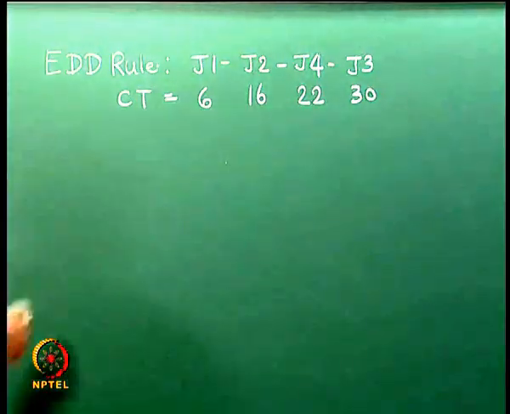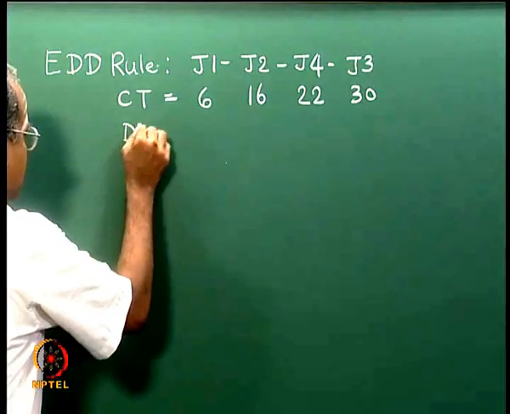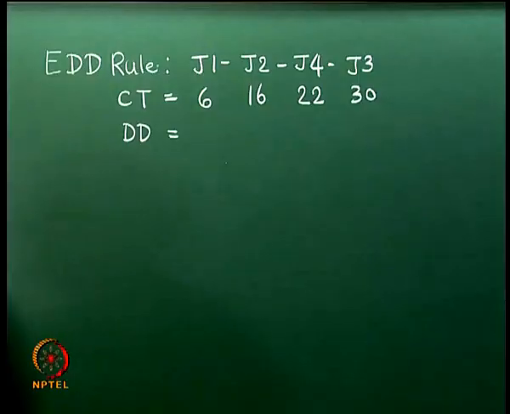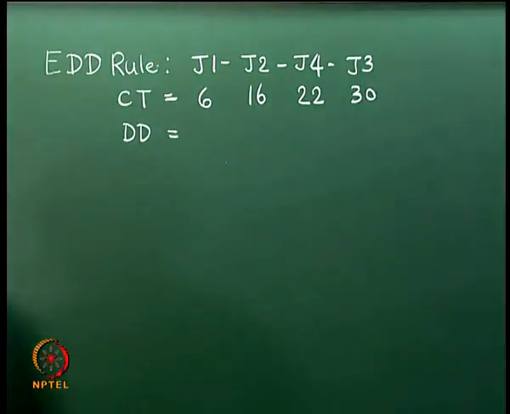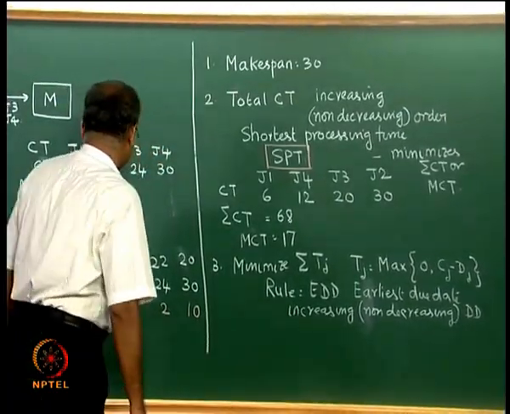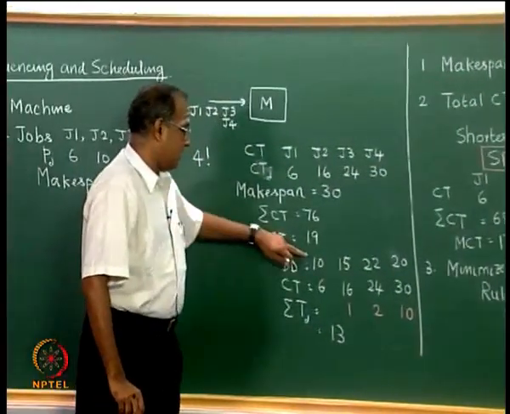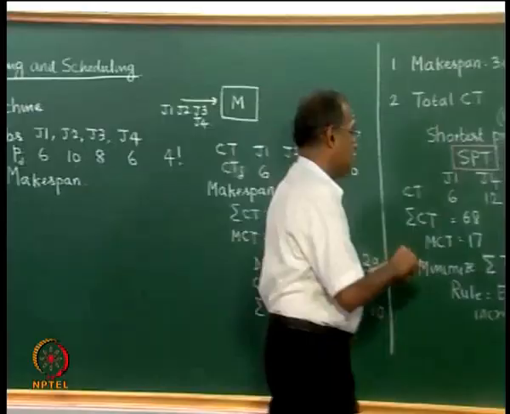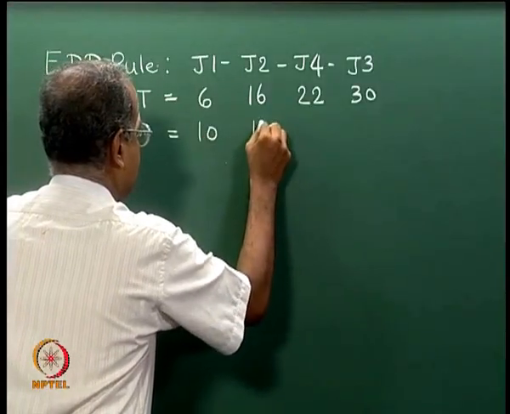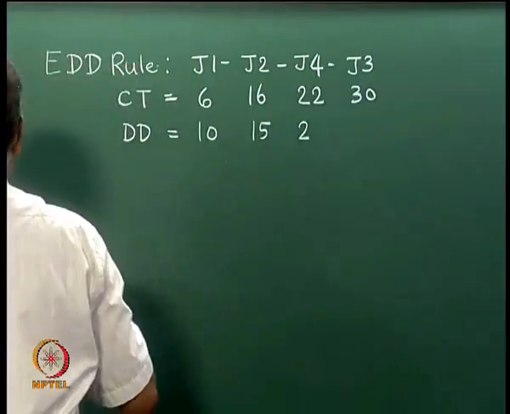Now due dates that we have here, so the due dates are for job 1, the due date is 10. So due date is 10, 15, 20 and 22.